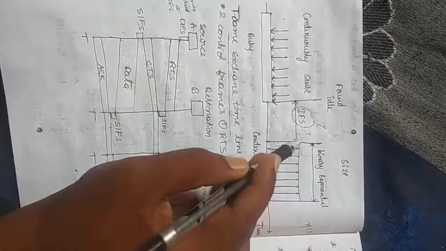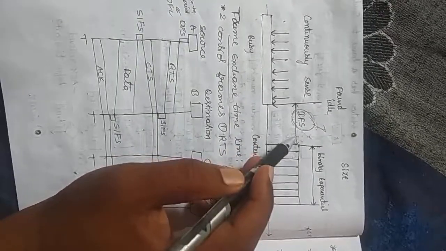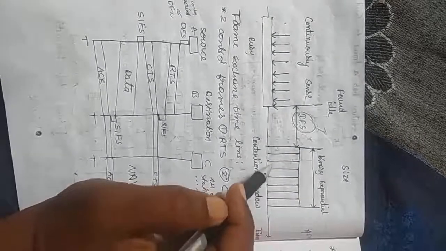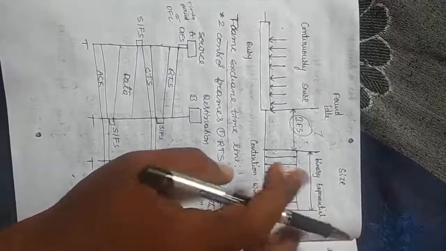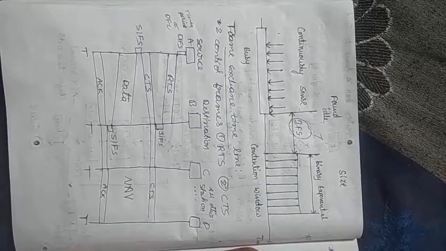After completion of this waiting also, it is going to send the frame. That is IFS. IFS is nothing but a wait to avoid collision, where the station will check the medium.